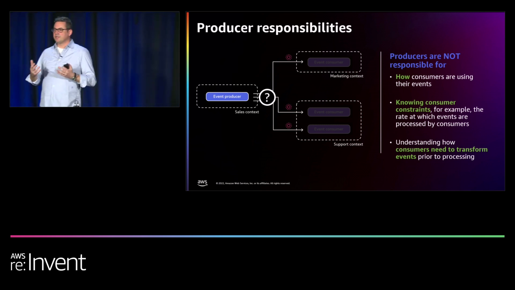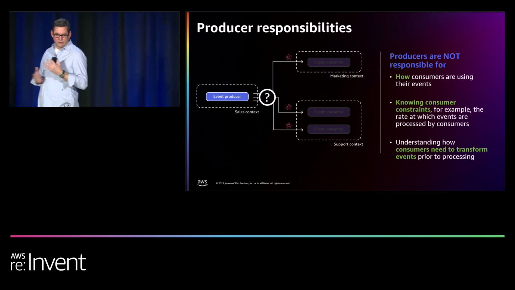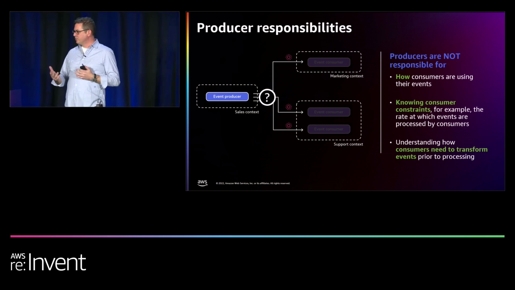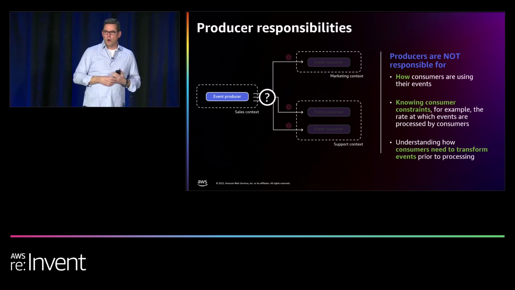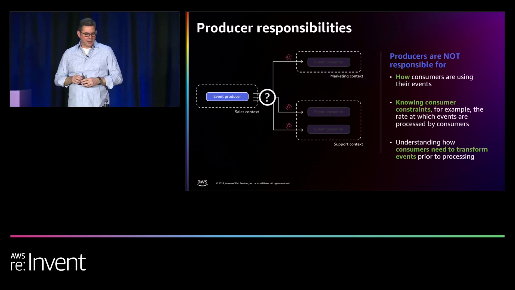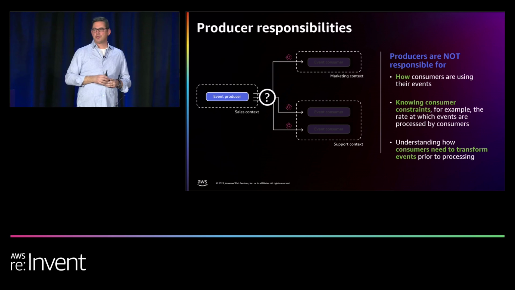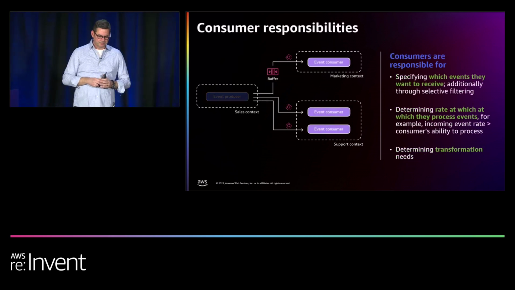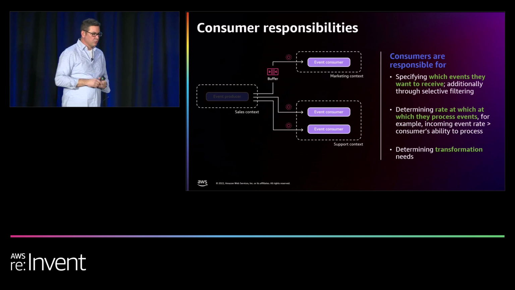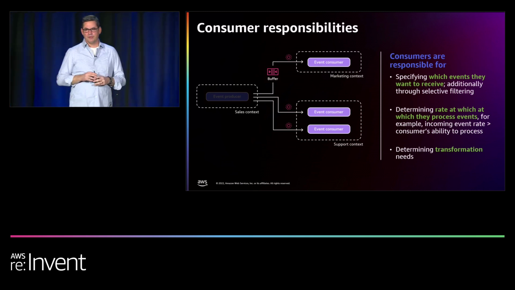But taking into consideration any needs the consumer has, such as the rate at which they can process events or things like transformation, introduces a level of coupling that we're trying to avoid in the first place. Now, these considerations are really the responsibility of the consumer.